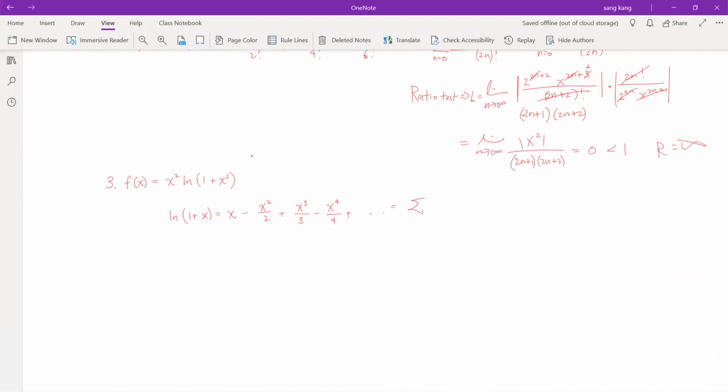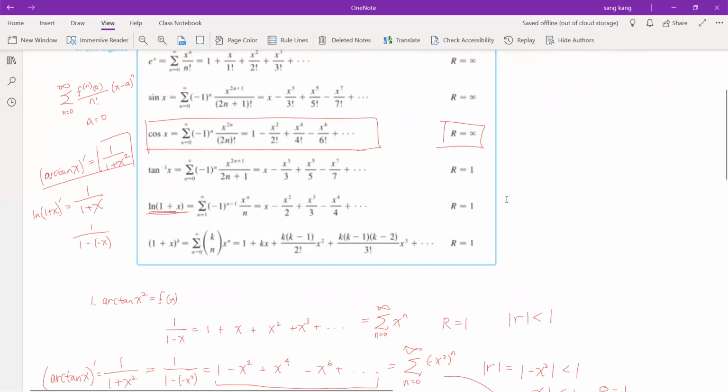The sum is written as negative 1 to the n minus 1, x to the n over n, and this starts from n equals 0 to infinity. And the radius for this is 1. Yes, radius is 1.